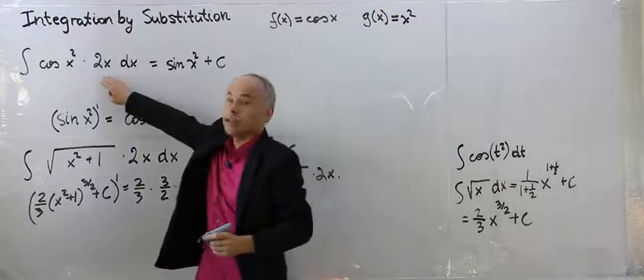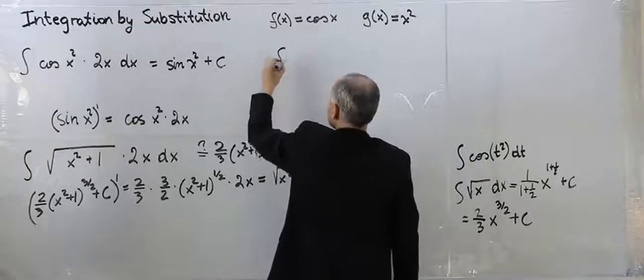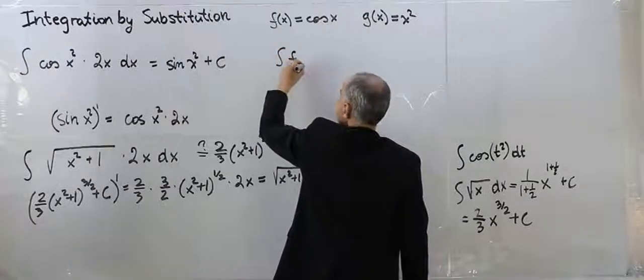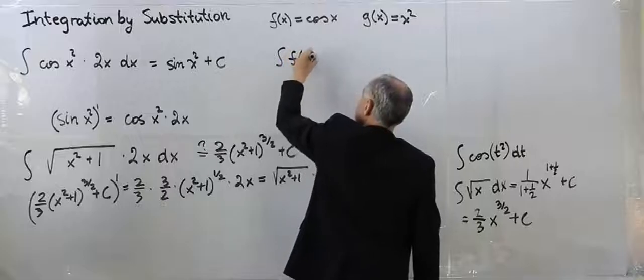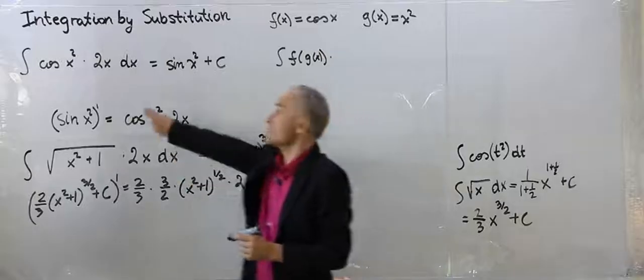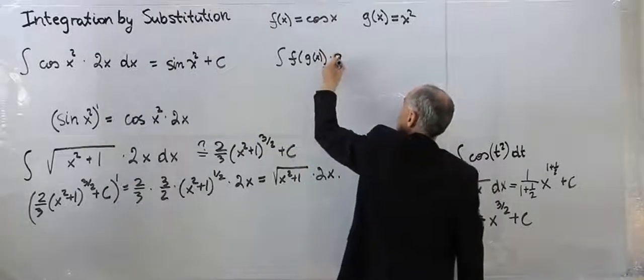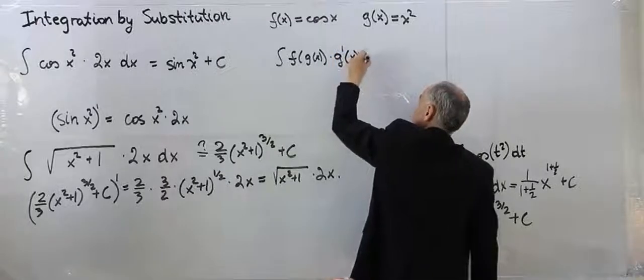So how can I express this integral? That would be the integral of f of g of x times, again, 2x is what? That's the derivative of g.